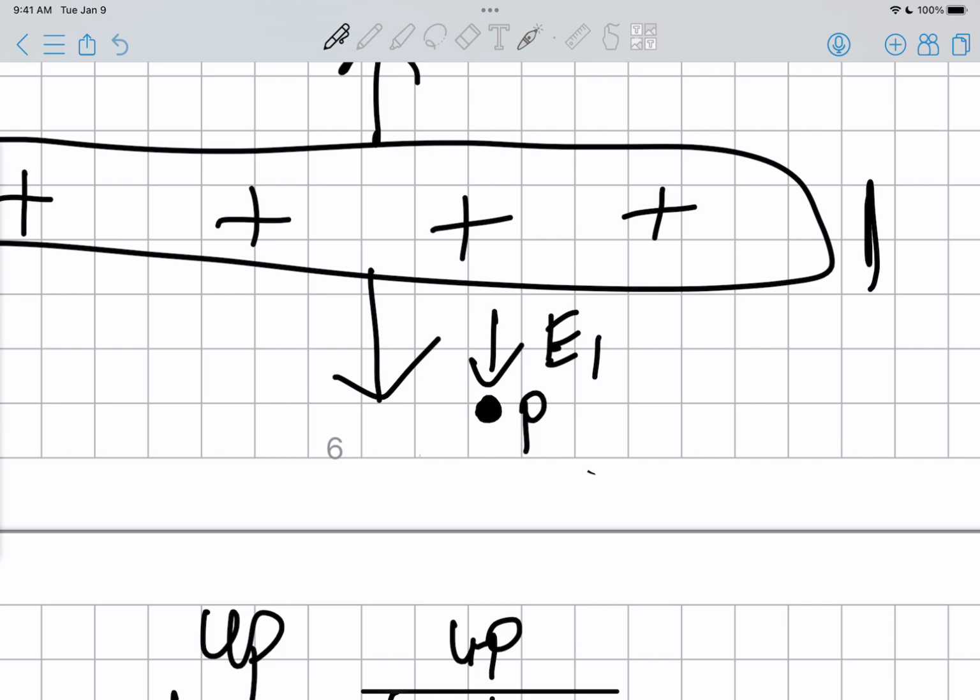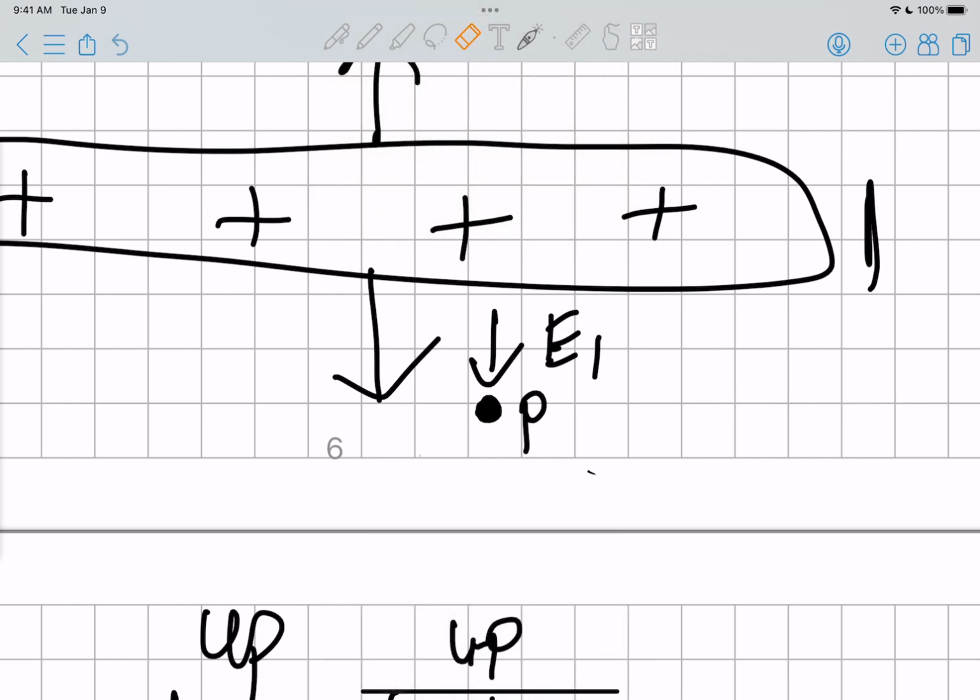Because maybe that positive sheet is really strong, and it could be repelling that test charge more than the negative sheet is attracting it. So you might have -4 for that electric field and only +2 for the second electric field from the negative sheet charge. And so your net would be -2, which would mean downwards. So that's the idea there.